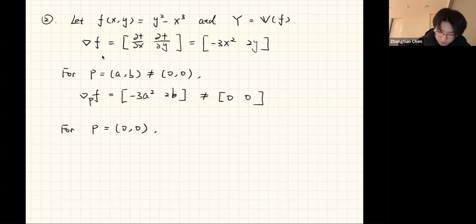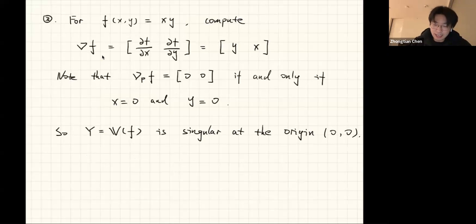But for the origin, you plug in 0, 0 for x and y, and the Jacobian is 0. So the origin is the only singularity of this curve. So far, so good? Right, the same thing happens for this one. The origin is the only singularity of this variety.